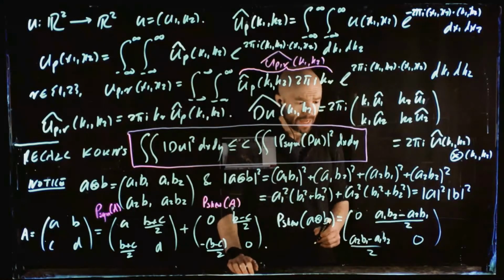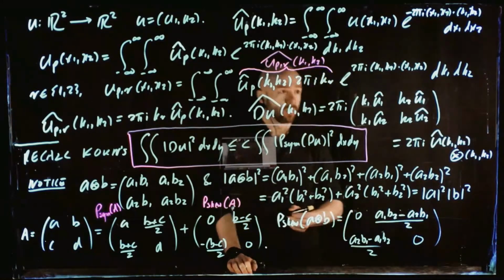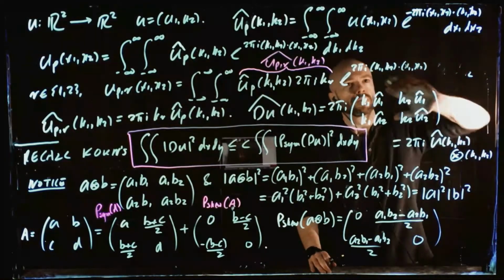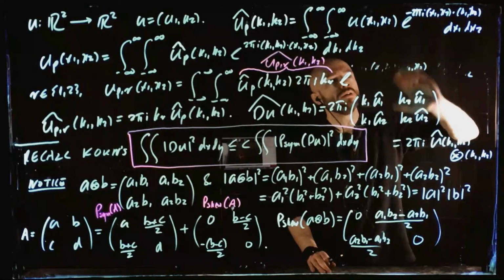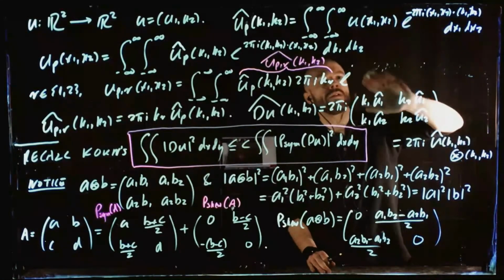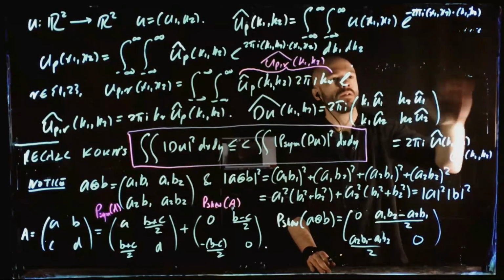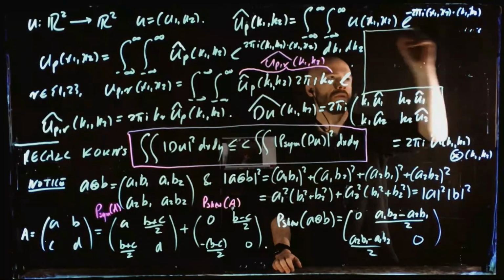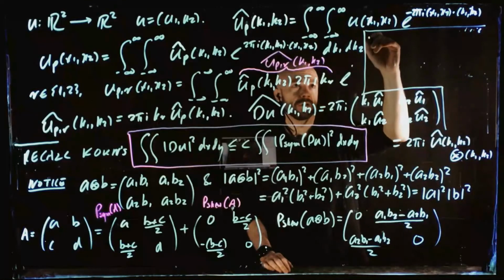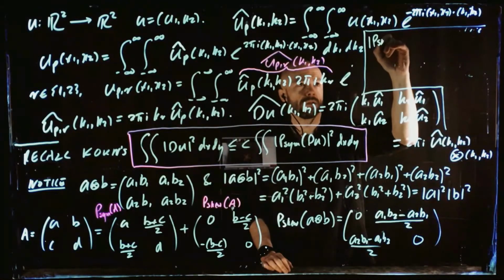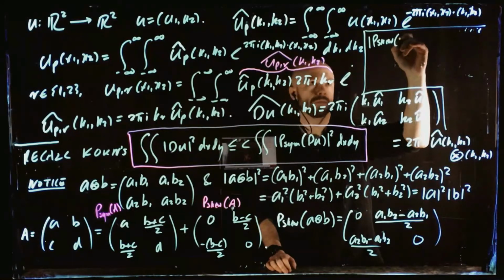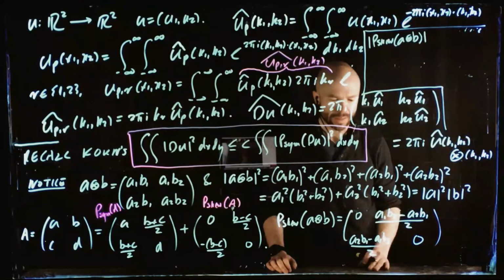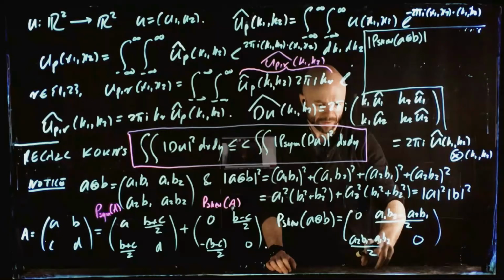Cool. And let's take the Hilbert-Schmidt norm of this thing. If we take the Hilbert-Schmidt norm of the skew symmetric part of this, what are we going to get? It's going to be this thing squared plus this thing squared.